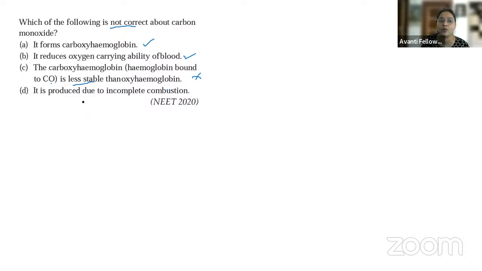And next, it is produced due to incomplete combustion. When incomplete combustion happens, carbon monoxide is formed, right? So our correct option here will be option C. Some students have replied that option C is correct, so very good for them. Those who haven't responded, try to remember this. Now let's move on to the next question.